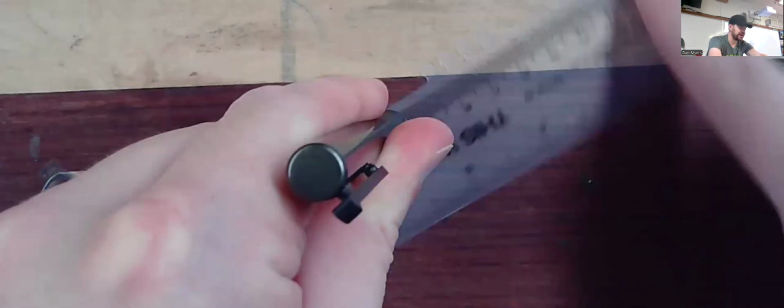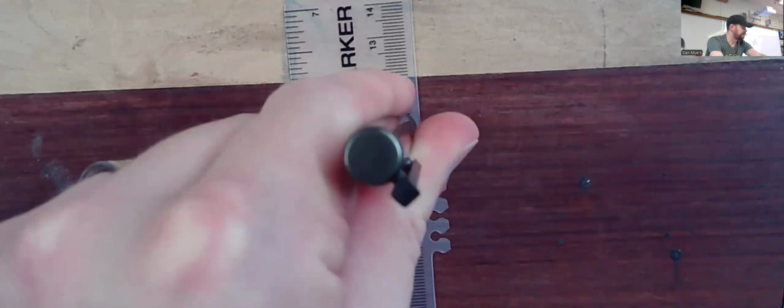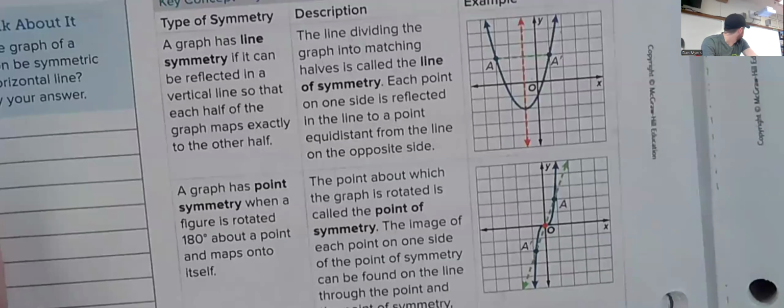The point could be in the middle, or in the case of this ruler, it could be right here on that hole punch, and you can spin it around that point. If you turn it 180 degrees and it maps perfectly onto itself, that would indicate point symmetry.